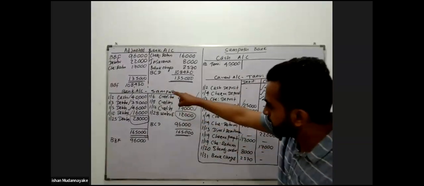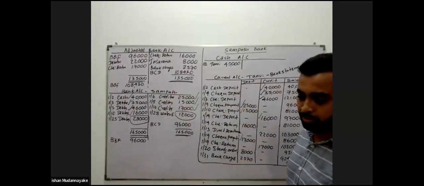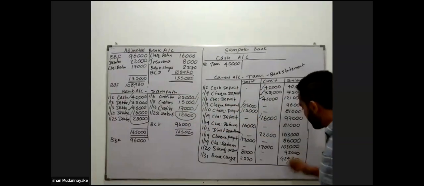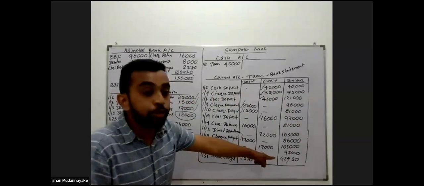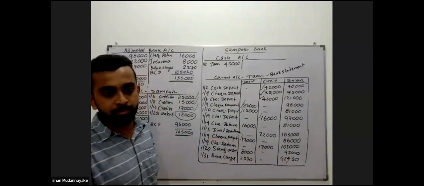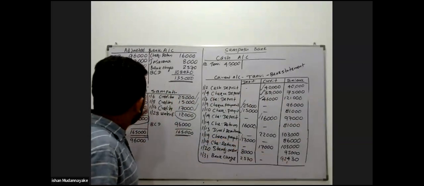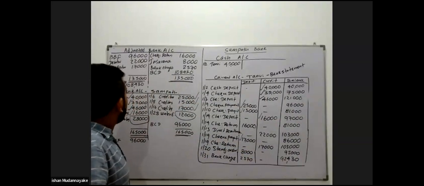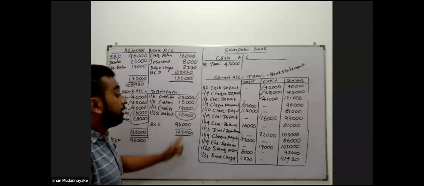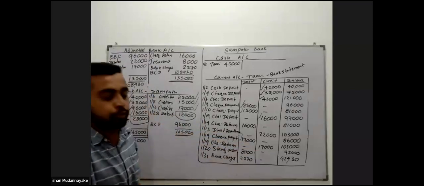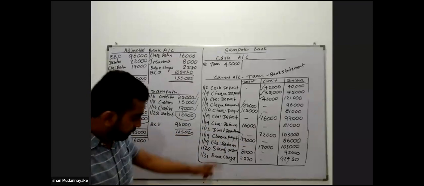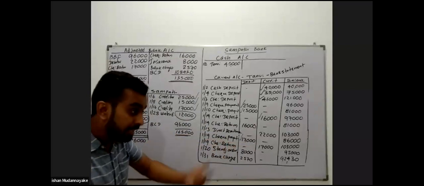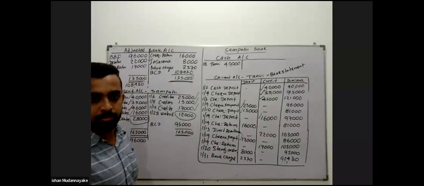Bank account balance is 108,430, but the balance as per bank statement is 92,430. Still there's a difference.